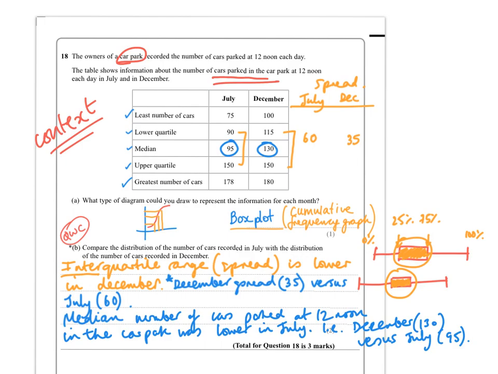For at least one of those occasions, you need to mention the cars in the car park and the context. If you don't want to do it, then leave that out and you'll realise you won't get that mark. You'll only get one. So, as dull as it may be to write the whole thing out, it is what you really should do, because someone reading it might not understand what you're talking about. So, let's move on.